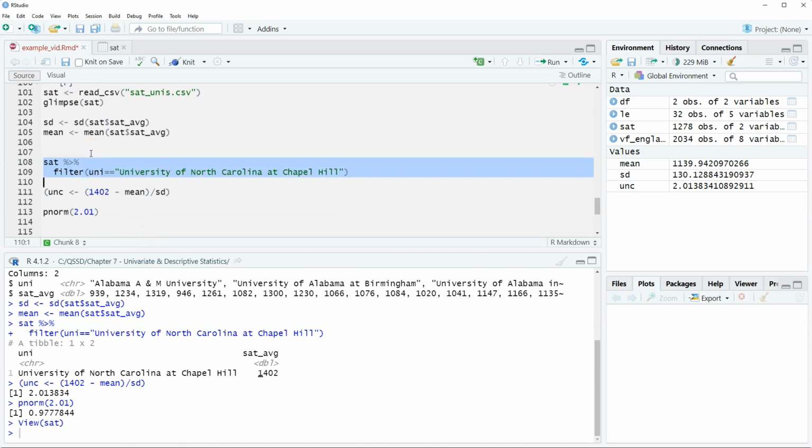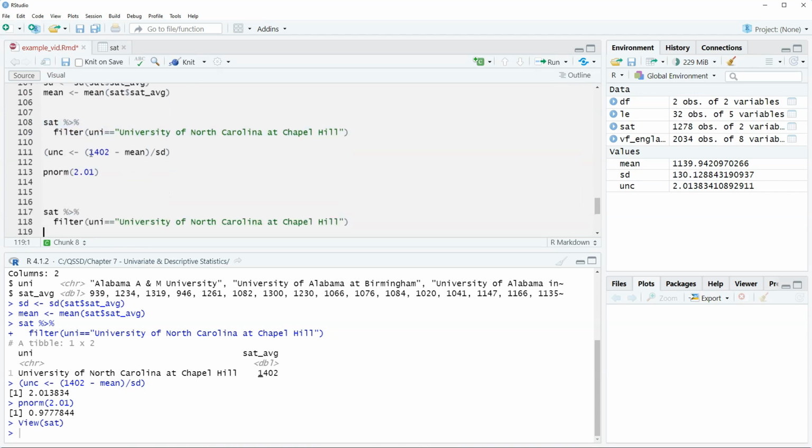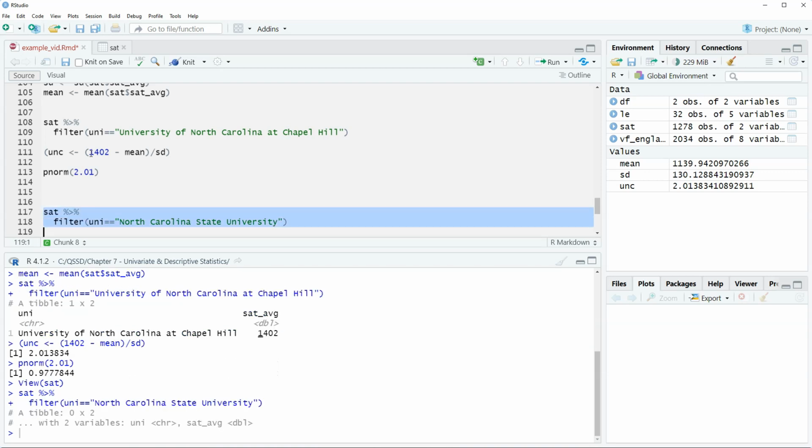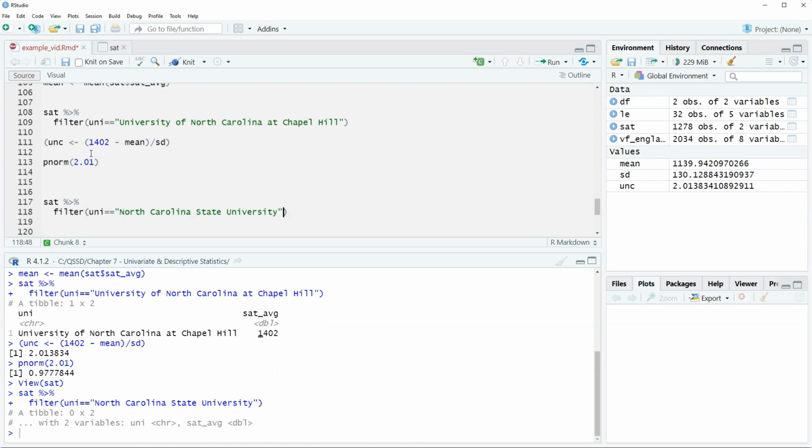If we just put in North Carolina State University, let's see what happens. It shouldn't work. I haven't tried this, it's on the fly. See, it says there's nothing here. So we need to put in, was it at Raleigh? Yeah, at Raleigh.